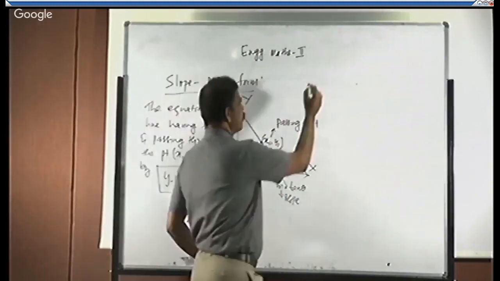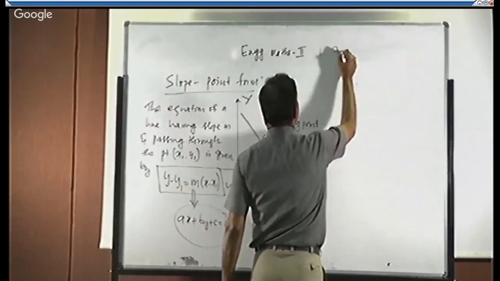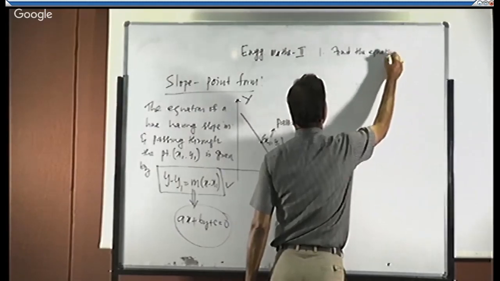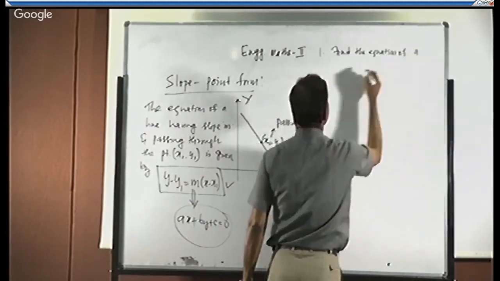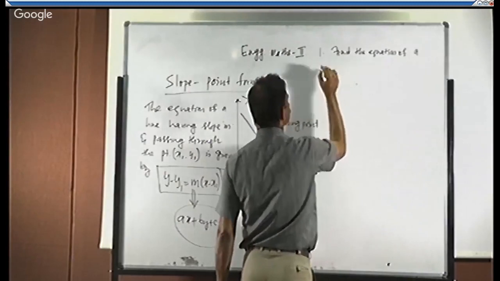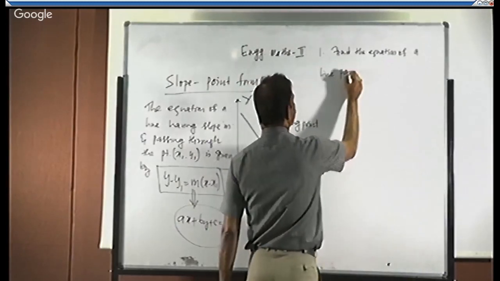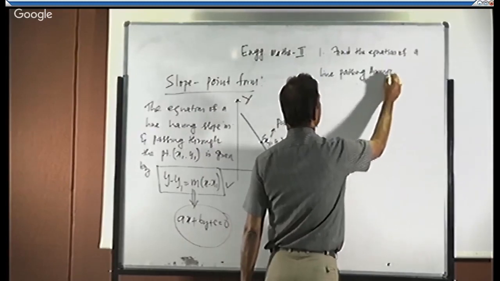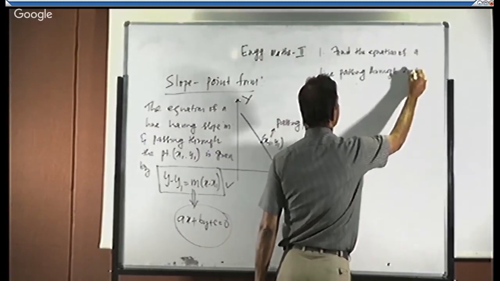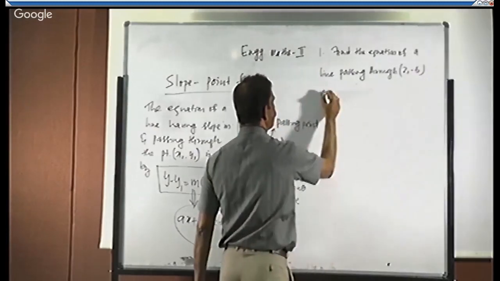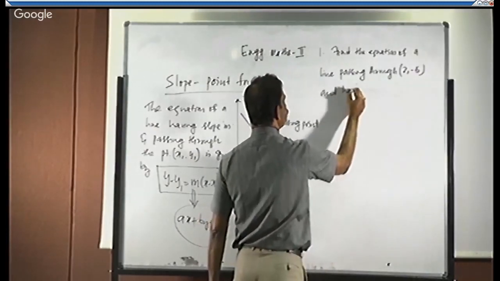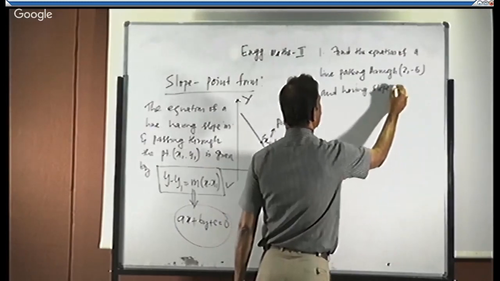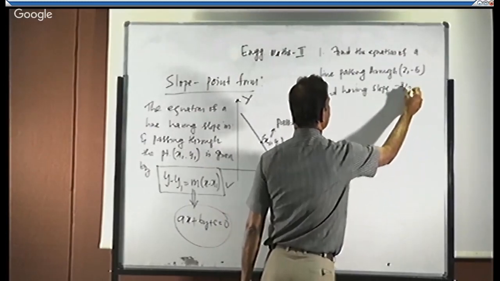Okay. The first one, find the equation of a line passing through 2, minus 5 and having slope minus 3 divided by 2.